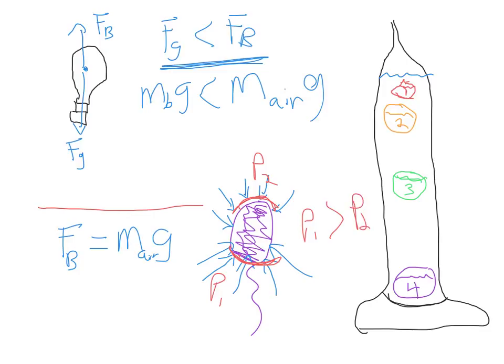If there's a difference in pressure, there's a difference in force. So what's actually pushing up on the balloon, whether it's Quan's balloon or the hot air balloon, is the air pressure.